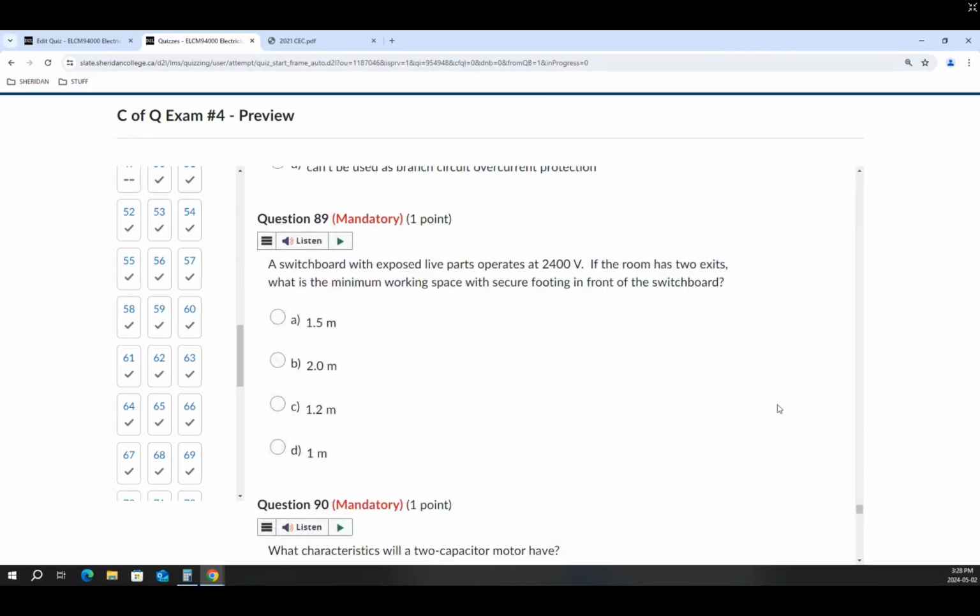89. The switchboard with exposed live parts operates at 2400 volts. If the room has 2 exits, what's the minimum working space?